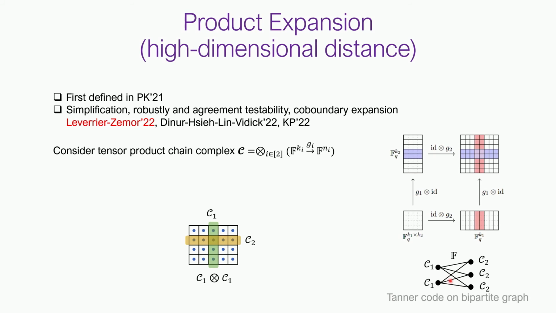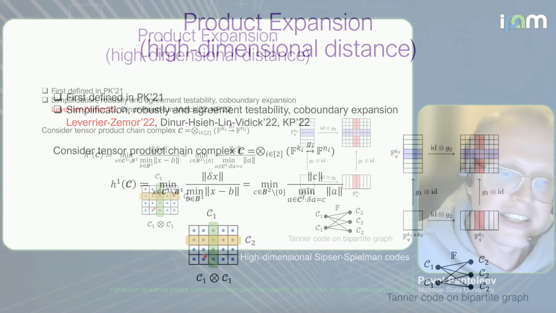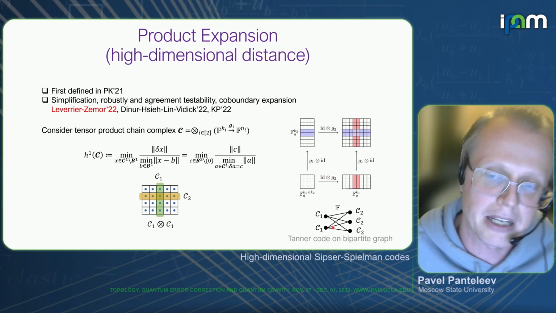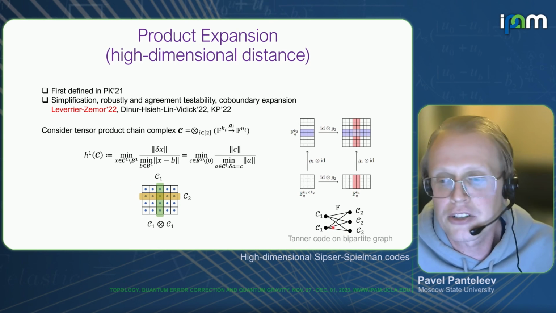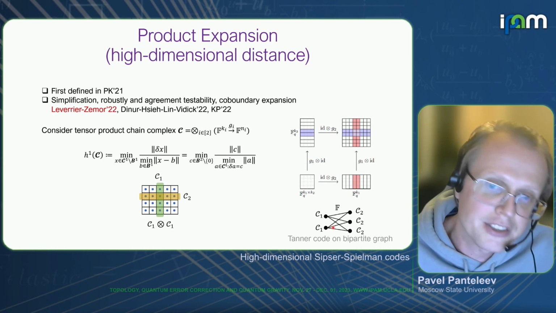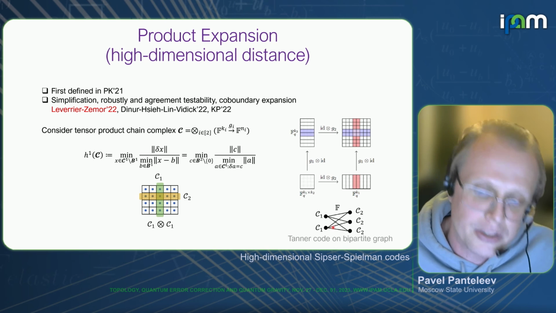But if we now consider a more general situation, then you can check, I'm not sure I have time to formally show it here, that this minimum distance that I described before, up to some normalization constants, is exactly the Cheeger constant of this bipartite graph. And this is actually the main reason why it is called coboundary expansion, because it naturally generalizes coboundary expansion of standard graphs.